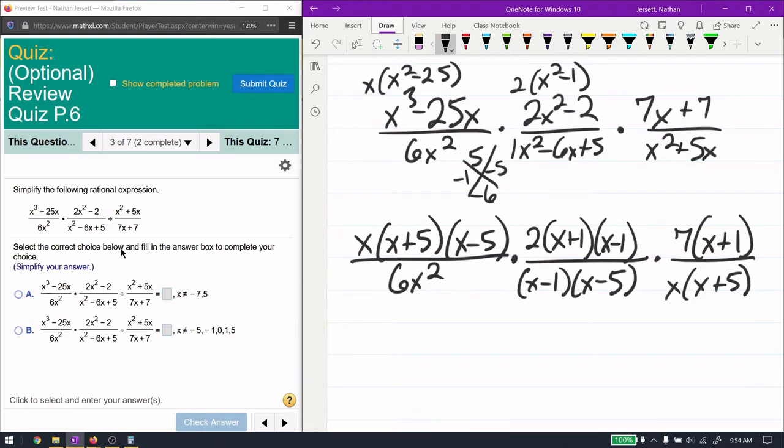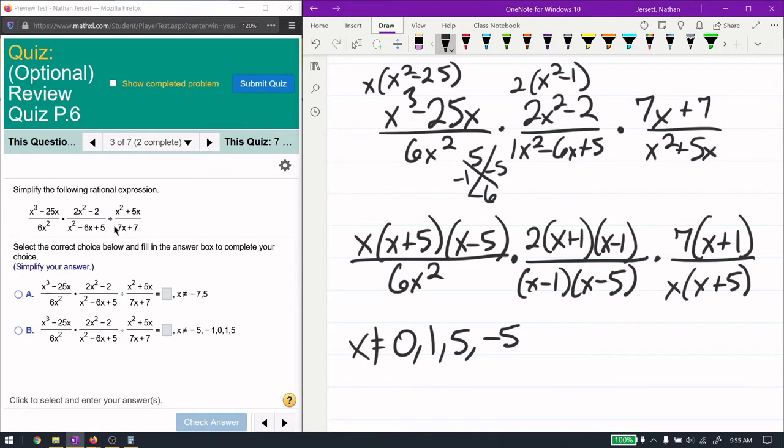Okay, everything is factored, and now I can ask the question, what x's give me zeros in the denominator? So starting with what we have here, a 0 here will give me 0. X can't equal 0. A 1 here, a 5 here, and a 0, which we already have from this one, and a -5 from this one.